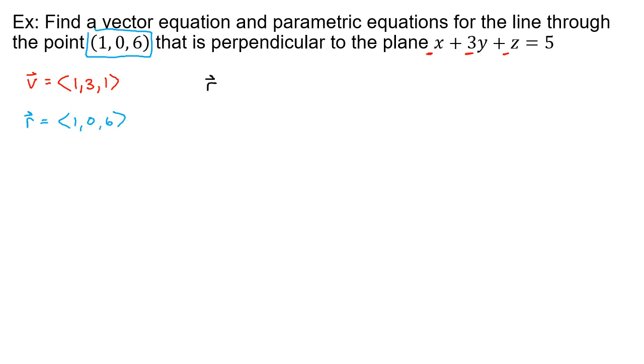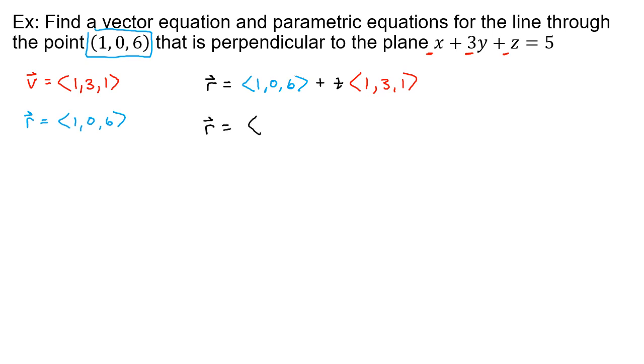So my vector r will be r0, which is <1, 0, 6>, plus t times my vector v, which is <1, 3, 1>. Sorry, that bracket technically should have been in the blue color as well. Just like before, I want to combine this together.